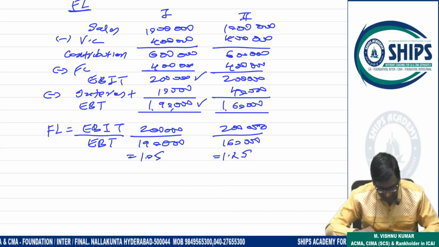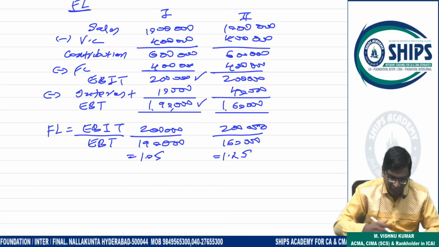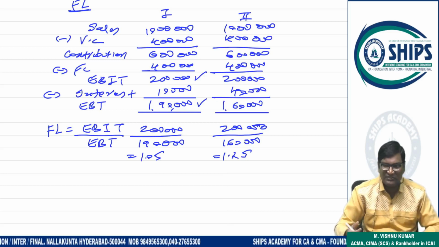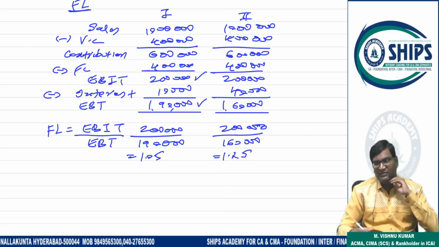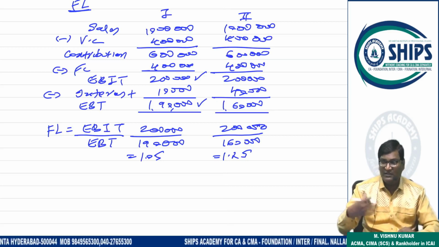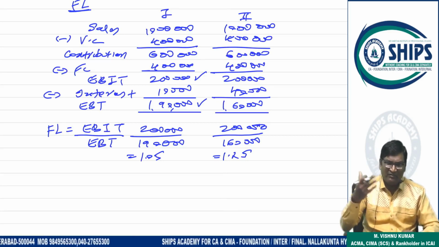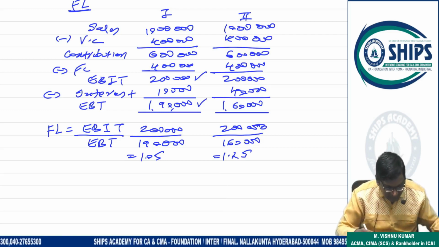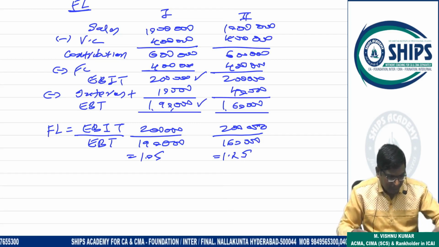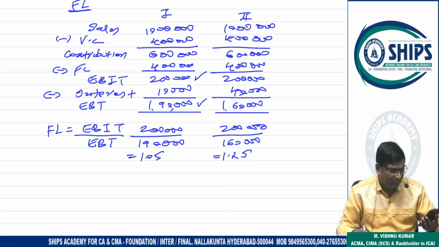Okay now? So from this chapter what we understand so far? Operating leverage, financial leverage, combined leverage. How to calculate the operating leverage, how to calculate the combined leverage, how to calculate the financial leverage. What is the meaning of all this? We understand. Okay? चलिए first I will check if any online students are having doubt.